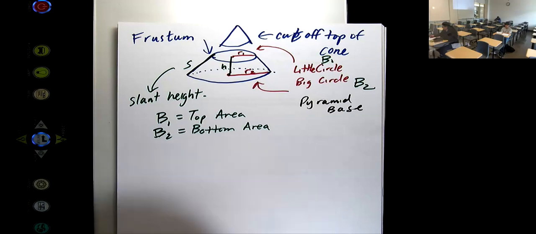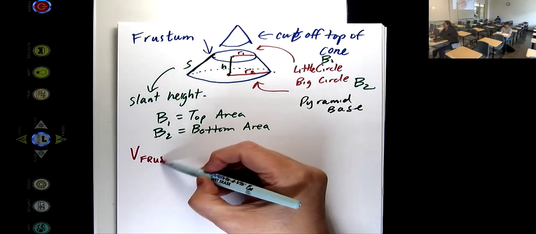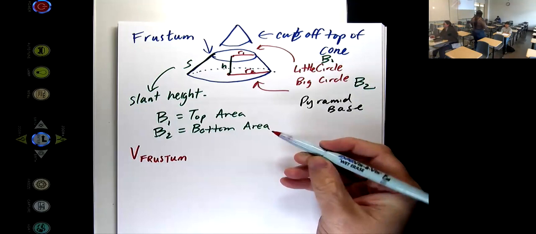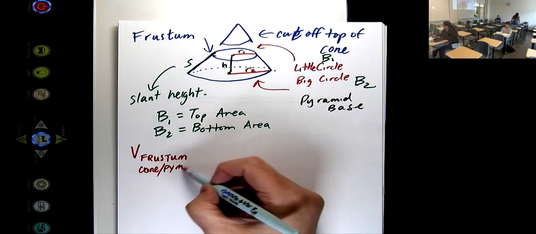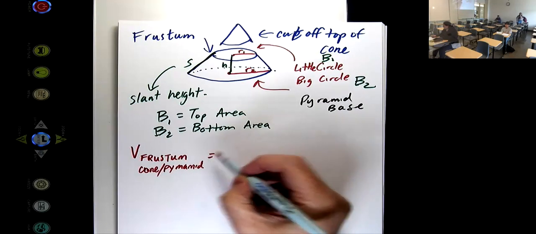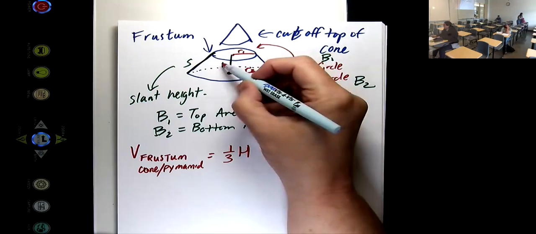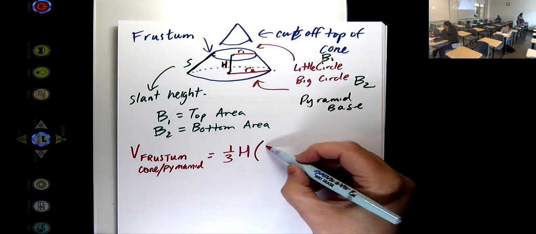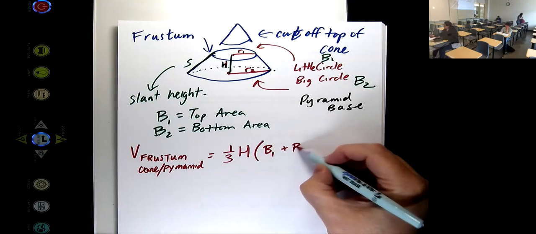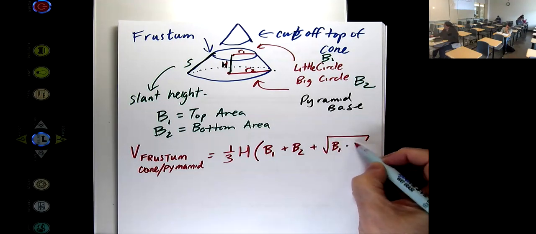So the volume of a frustum, for a cone or pyramid, equals 1/3 times the height, big H, times B1 plus B2 plus the square root of B1 times B2.